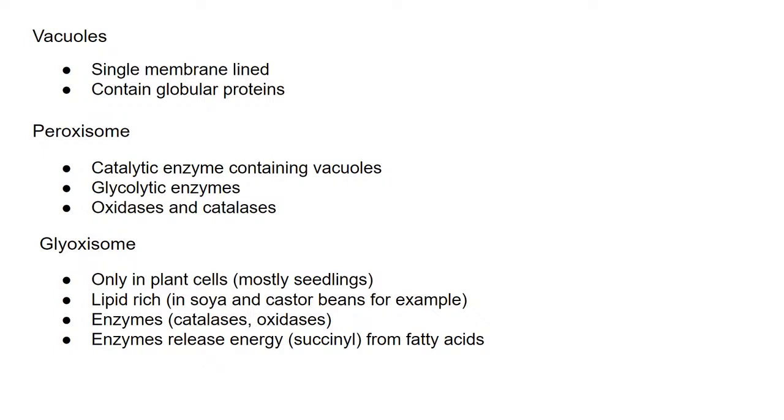In glyoxysomes, these catalases and oxidases essentially occur in seedlings that are rich in lipids. They break down lipids or fatty acids, just like peroxisome was breaking down H2O2. And this is specific to seedlings, especially seedlings with a rich supply of lipid, to break that lipid down and release energy. Very simple.